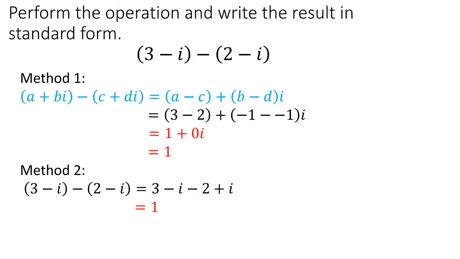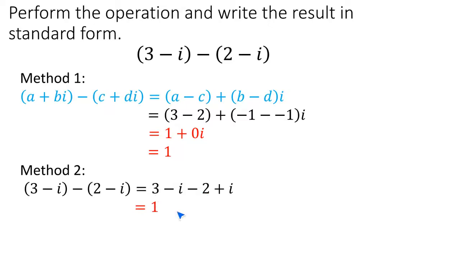If you use the formula, you would have 3 minus 2, and then -1 minus a -1. So 3 minus 2 is 1, and -1 minus a -1 is 0. So we end up with 1. If you're just combining terms, you would distribute the negative into the parentheses, so you end up with a -2, and then a negative times a negative is a positive i.